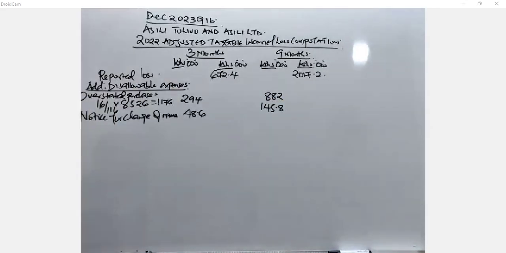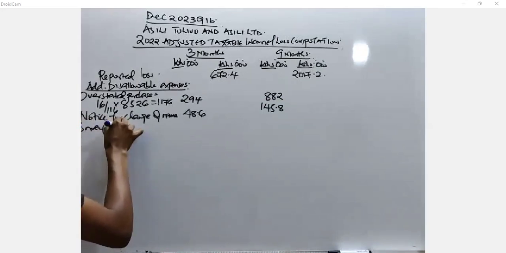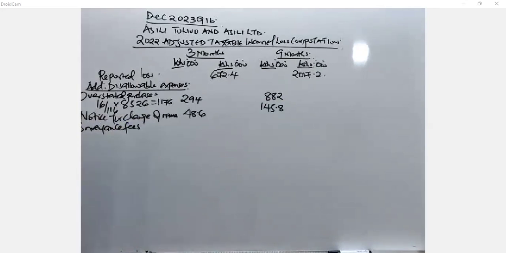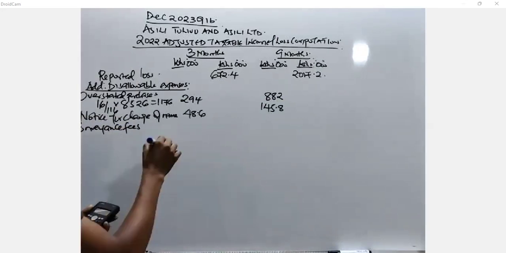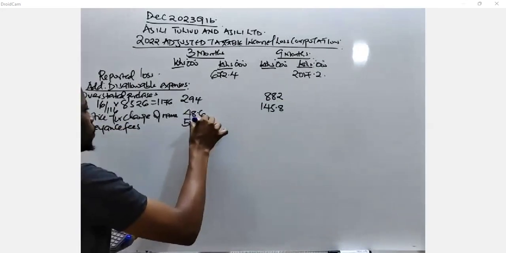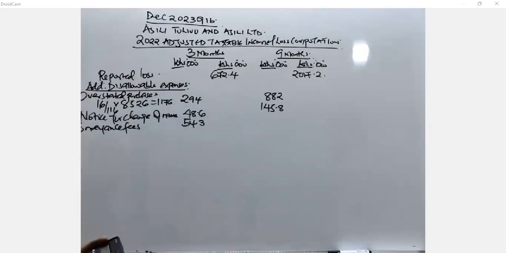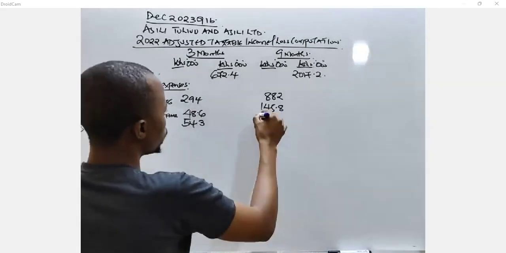Now, from there, we have the conveyance fees of the business premises. It is 217.2 times 3 divided by 12, getting 54.3. And these things, you can do the assumptions in the way you wish. So 217.2 minus my answer, we are getting 162.9.